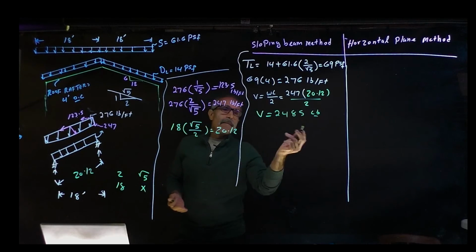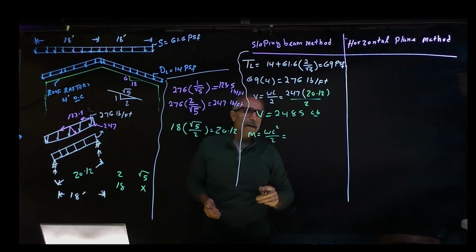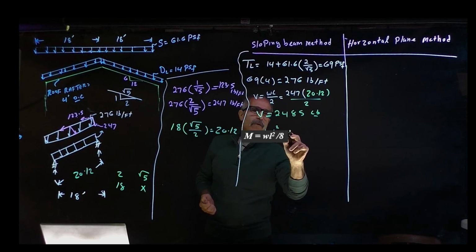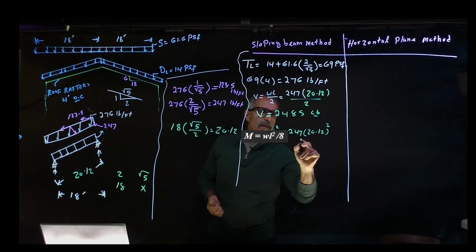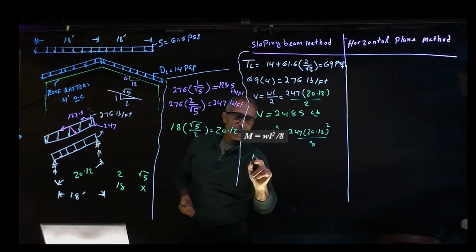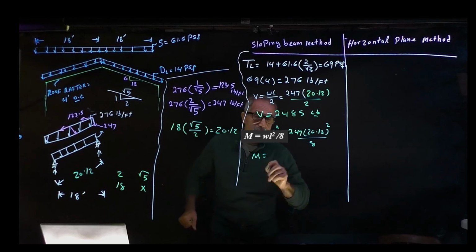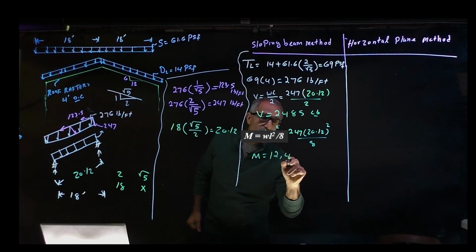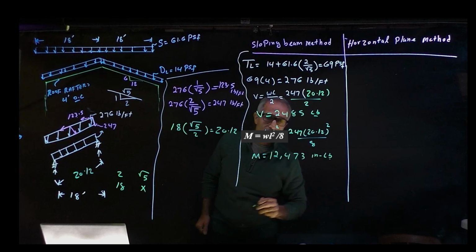And bending, M is equal to 247 times 20.12 squared divided by 8, and your M comes out to 12,473 inch-pounds.